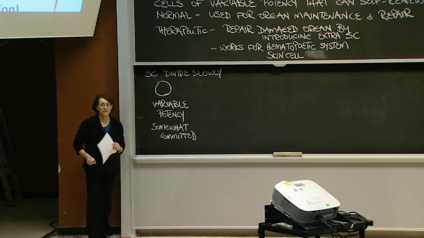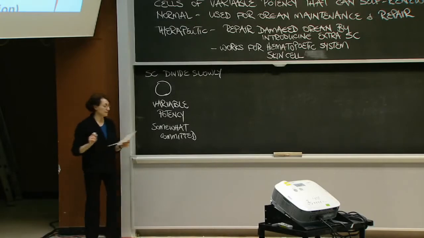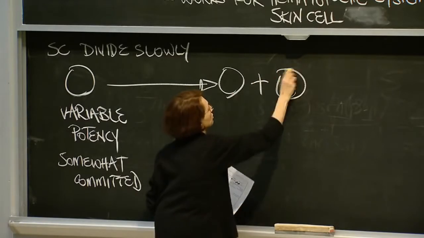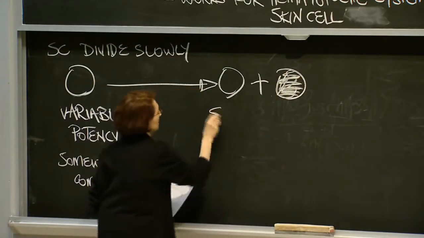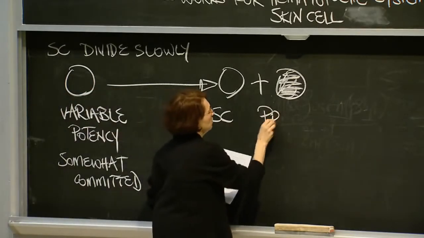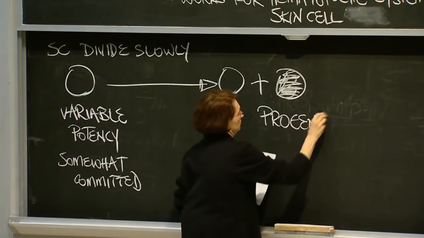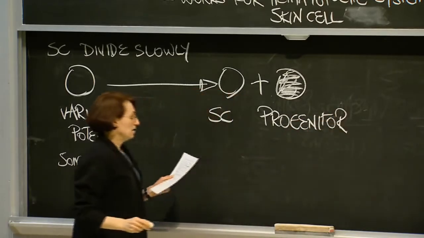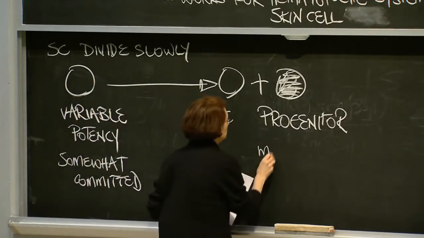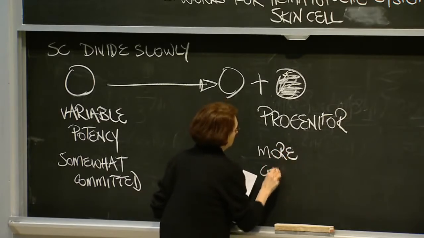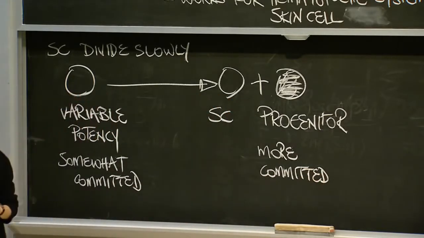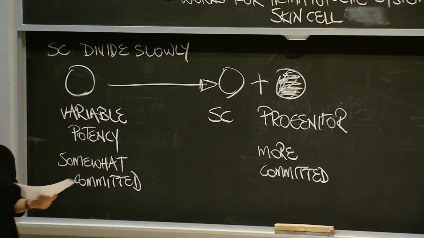There's your stem cell, variable potency. Under the correct stimulus, that stem cell will divide to give rise to two different cells. One is another stem cell, and the other is something we'll call a progenitor. The progenitor is more committed than the stem cell. The progenitor cell is going to go on and divide usually a lot.